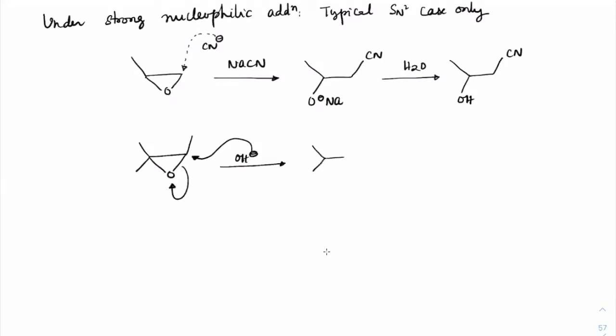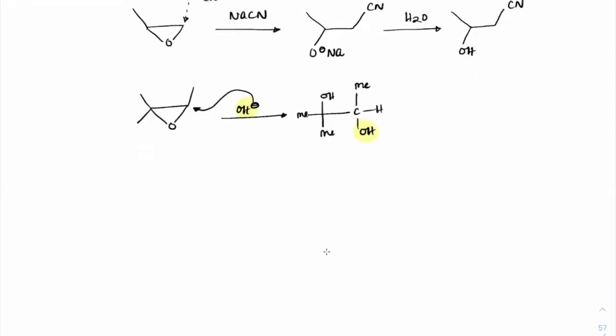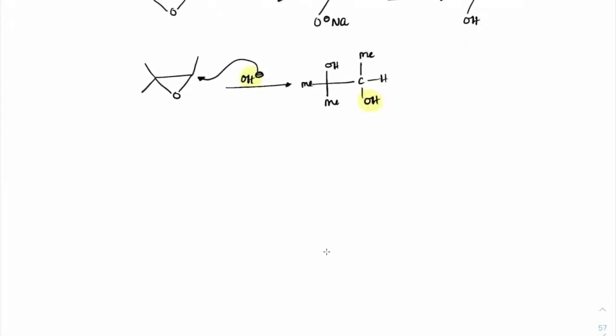Right, we will get OH, methyl, methyl with C, methyl, H and OH. So this is the OH which is attacking and this is where it is forming. Got it? So in basic medium, it is a typical SN2 mechanism only, irrespective of how substituted it is.